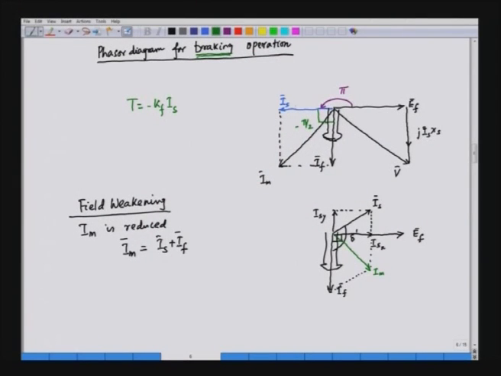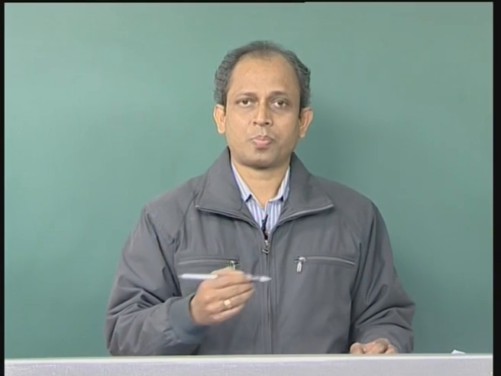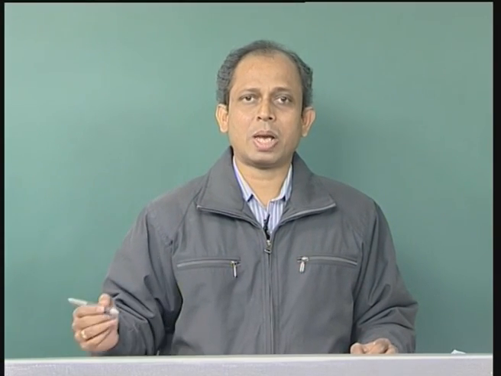The phase of this Is is shifted from the usual motoring position. For motoring, Is is in phase with Ef, and for braking, this current Is will be shifted from the original position, and it means the energy is fed back to the source. The motor is behaving as a generator.